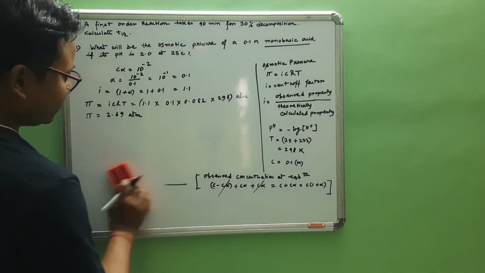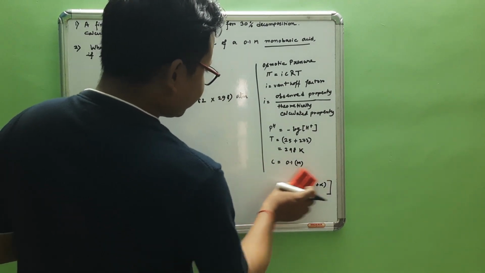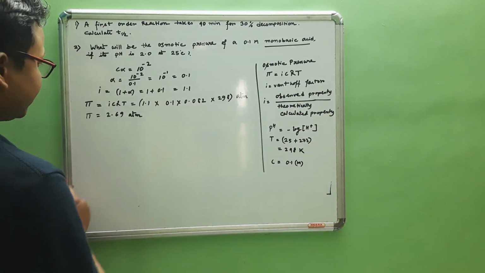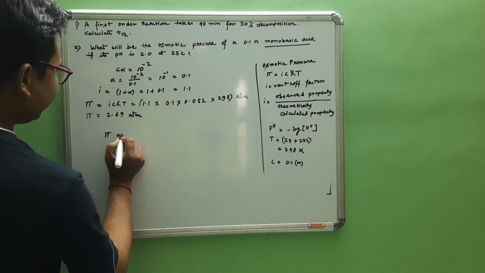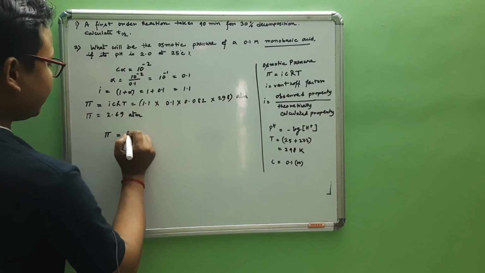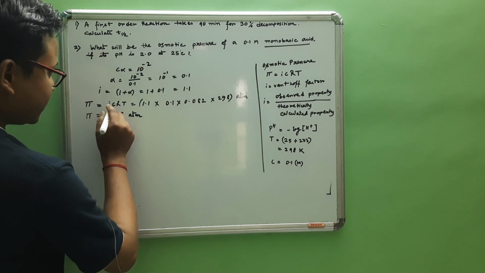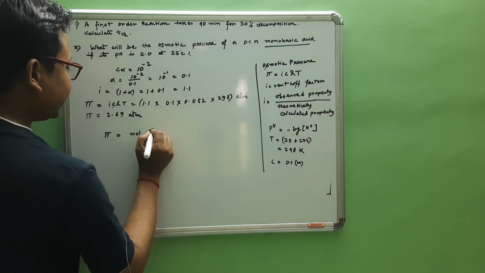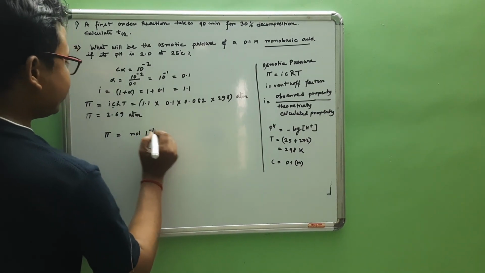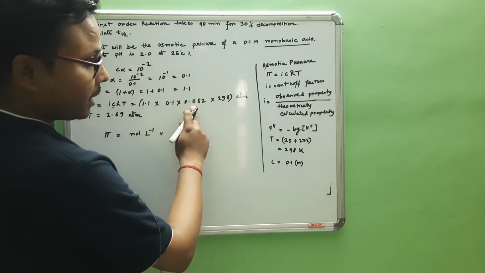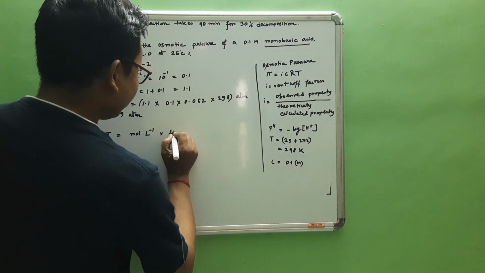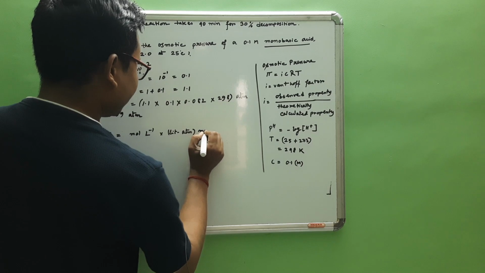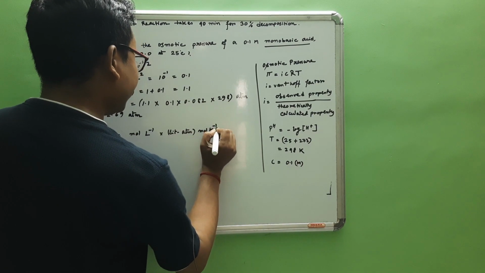For your simplicity, this is a simple calculation, so I am not going into the details. I am just going to show how the unit comes here for pi. Pi is i times C times R times T. i is nothing but a number, so it is unitless. The unit of C is mole per liter, mole liter inverse. Here we take R in liter atmosphere per mole per Kelvin.